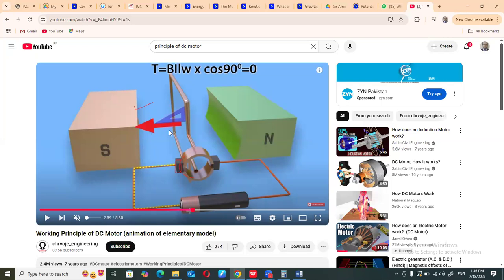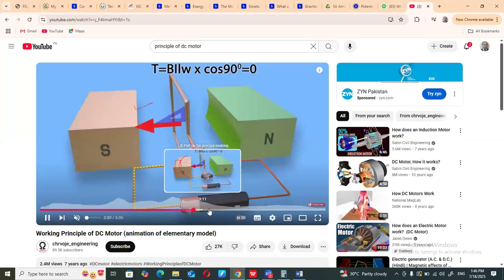At this point, remember that because it was rotating, the momentum of the armature is very high. That momentum, or the inertia of this armature core, is so high that it pushes the armature, so it keeps on rotating and moves from that position.